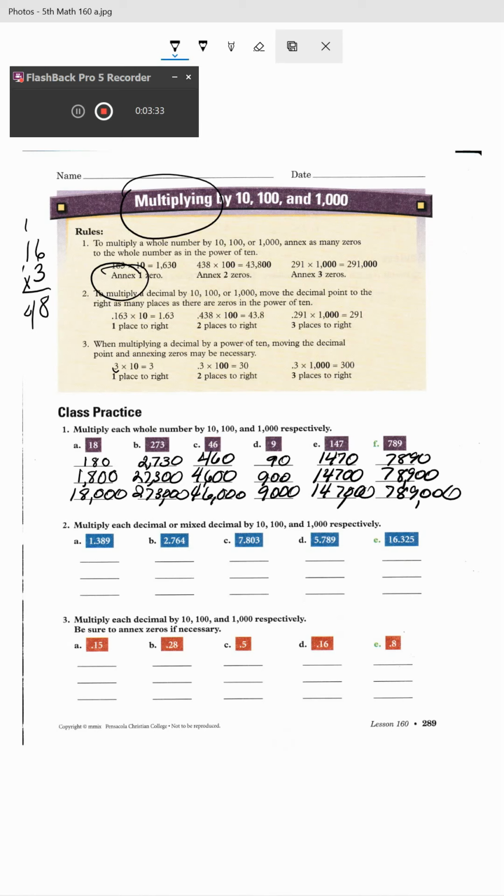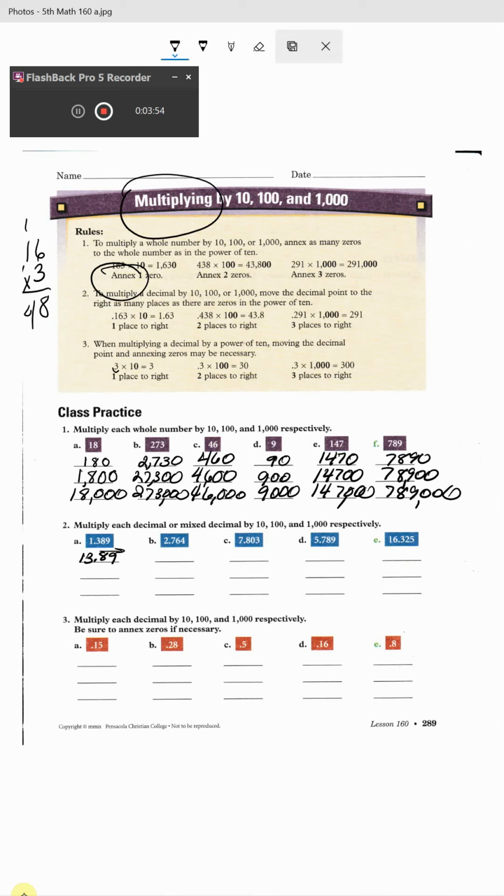All right, multiply each decimal or mixed number by 10. Okay, so now it gets a little trickier, but not much. So when you're multiplying this number by 10, you just simply move the decimal to the right one place. So it will become 13.89.